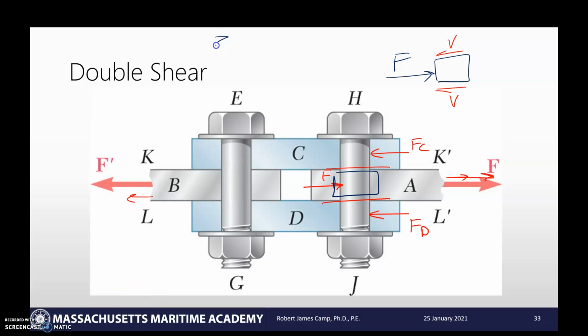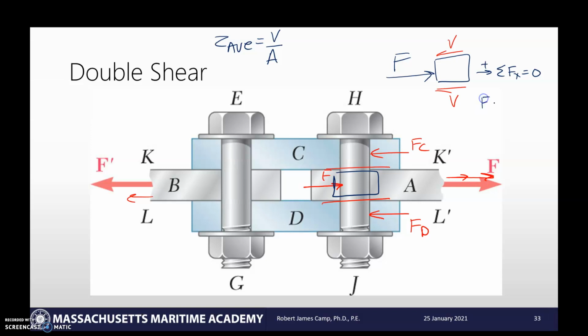Remember, our average shear stress is going to be our load over our area. So in this case, that's shear load over the area. Now, as I look at it, I've got it over two areas. So let's do our sum of the forces in the x direction equal to 0, with this way being positive.